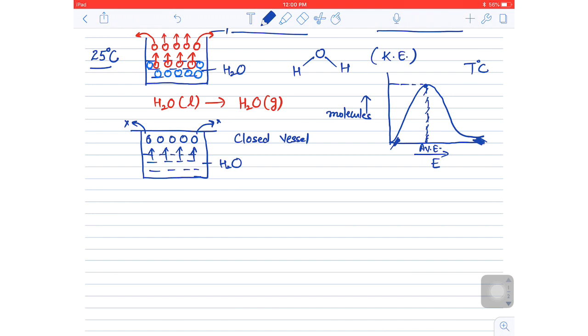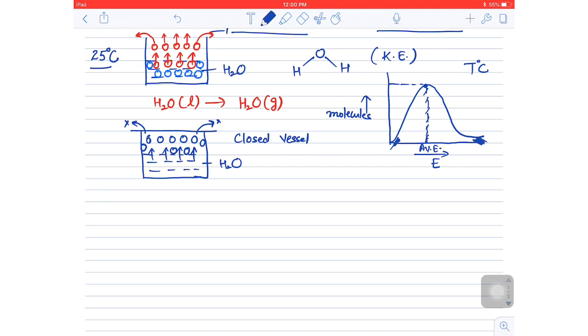As the evaporation proceeds, the number of gaseous molecules in the vapor phase increases gradually. These molecules move about at random in limited space. During their movement, some of these molecules can strike the walls of the container, and some of them strike the surface of the liquid and are condensed.